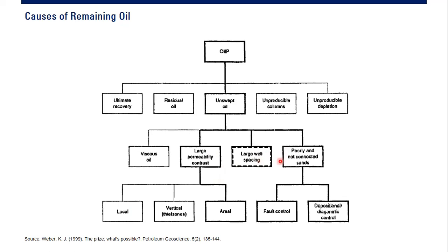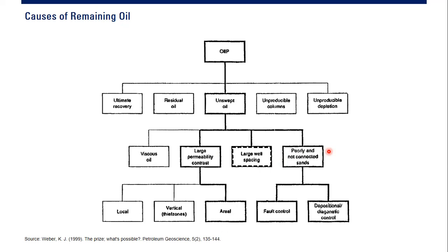And lastly, because of poorly and not connected sands. In order to have a good sweep efficiency, you need good continuity. And if possible, you need low heterogeneity. So if we have large permeability contrast, it is like poorly and not connected sands.